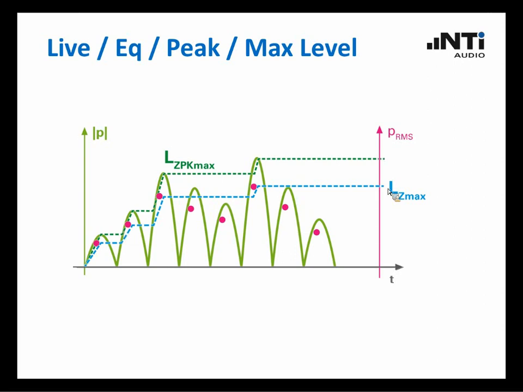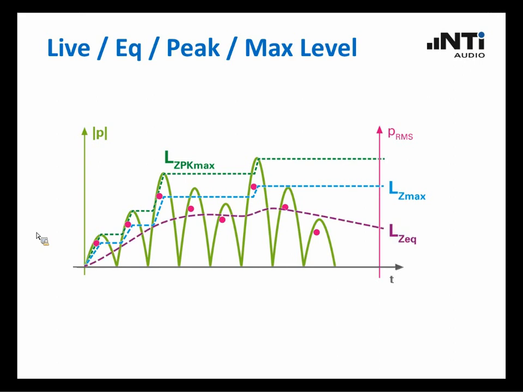So here the right hand scale applies. Where is my maximum RMS value that has occurred? Again, the displayed result stays at this value unless it is overruled by an even higher value. But only the pink points will be considered for the L max, Z again for unweighted, display.